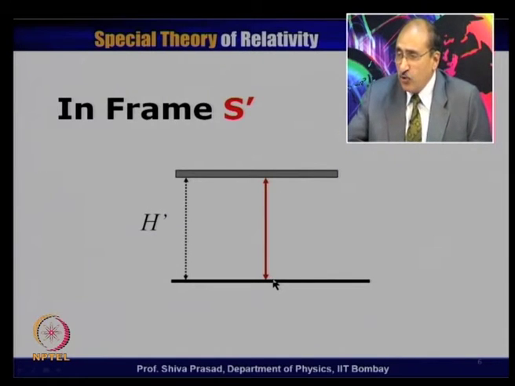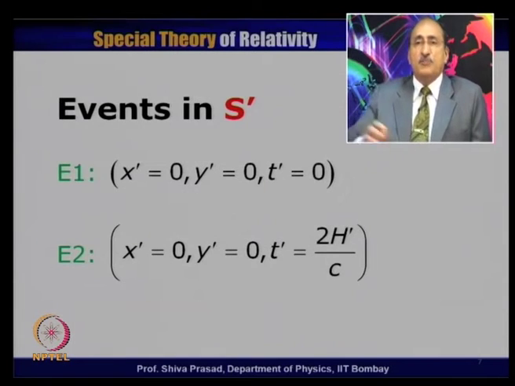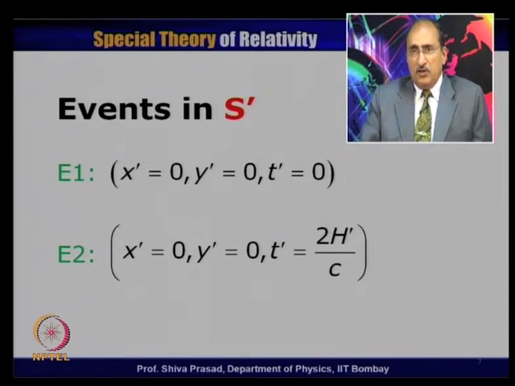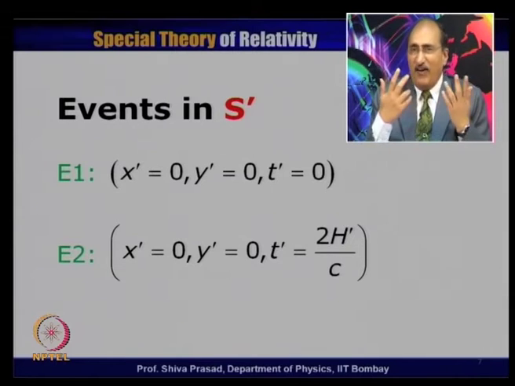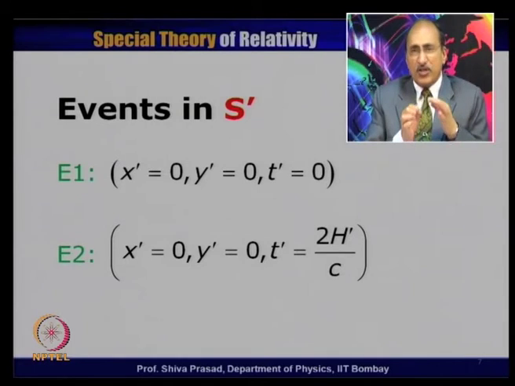So, now let us try to write these two events in the S prime frame of reference. Let us assume that light is emitted from the origin. So, at the point when the light was emitted, that point was the origin of S prime. In this particular case, the z axis is not involved because we are looking only at the x direction and the y direction. So, I am not writing the z coordinate, but because this is the origin, I can write that x prime is equal to 0 and y prime is equal to 0.